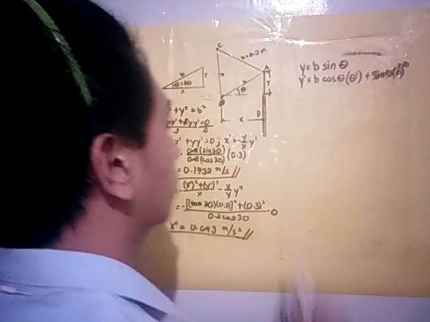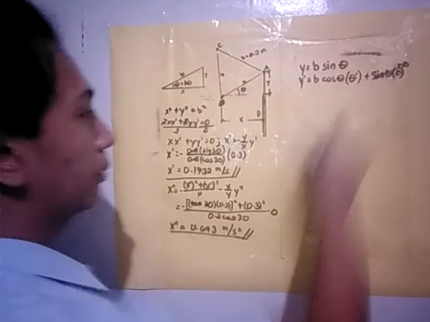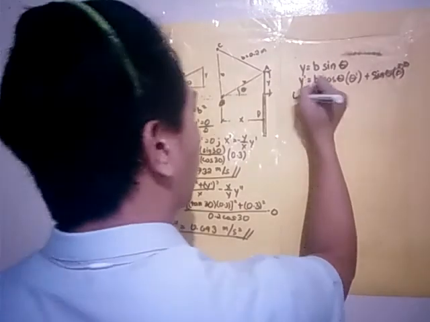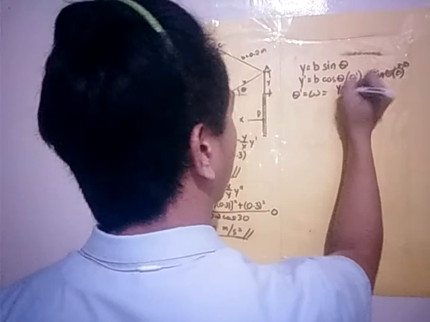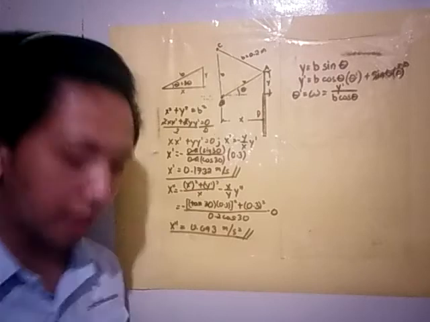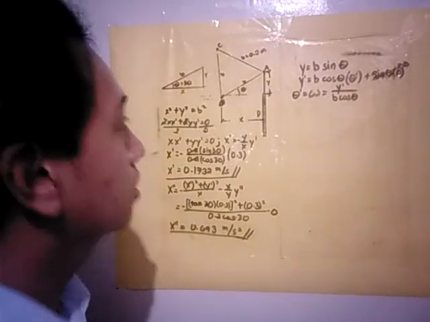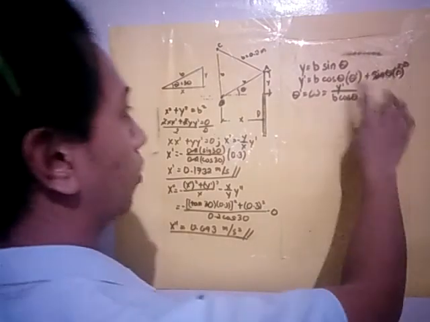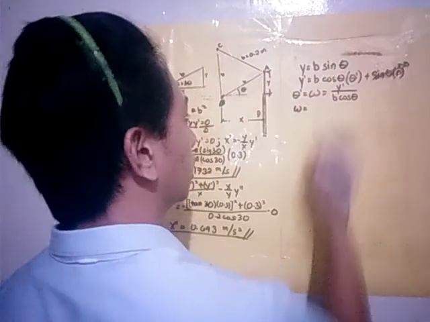So this is 0. Then now I have an equation for theta prime, which is our angular velocity, na y prime over b cosine theta.